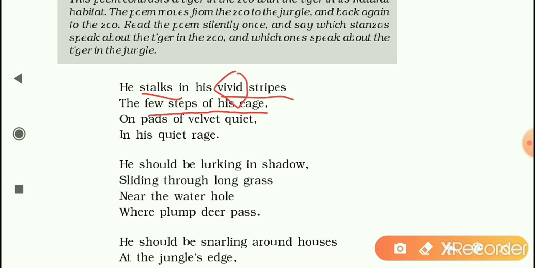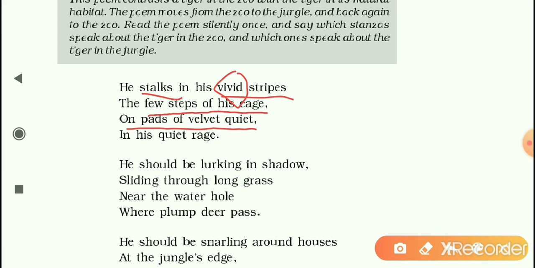And he has pads on his feet. A pad is the cushion type area that keeps it soft. It is seen in almost all the cat family animals like cat, tiger and lion, and that makes it easier for them to walk without any noise.